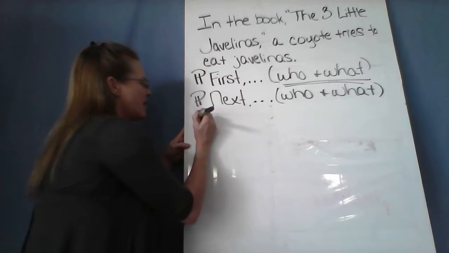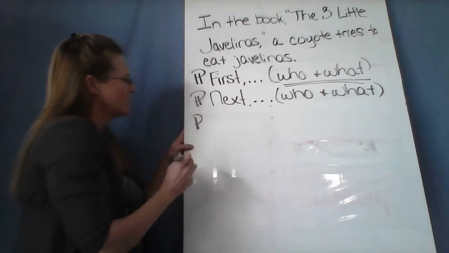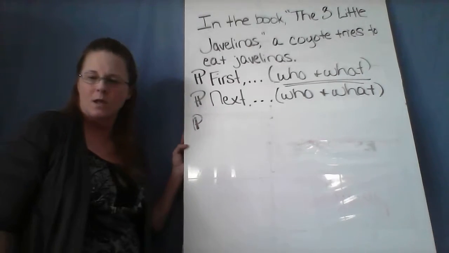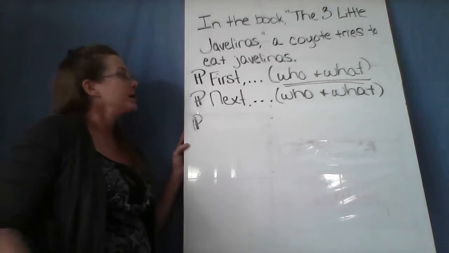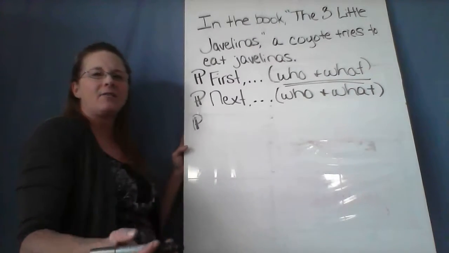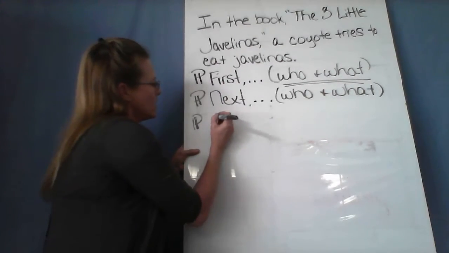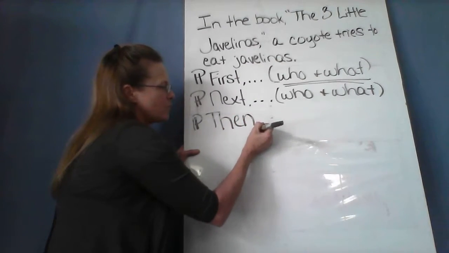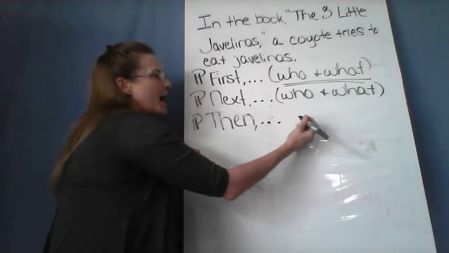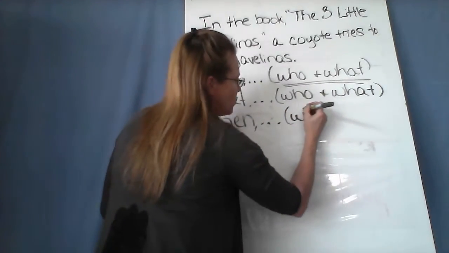Okay, our next paragraph. Can somebody give me another transitional word? Yes, then or after. I'm going to use then. Okay, what do I write? The who and the what.